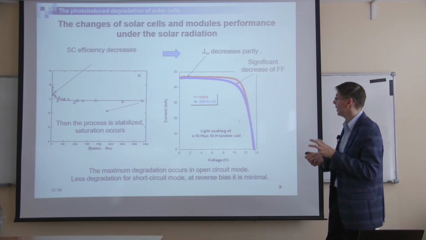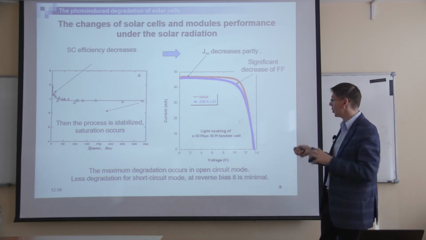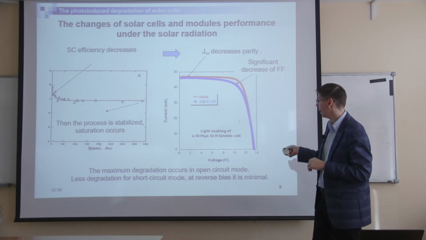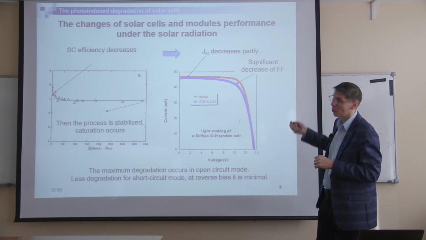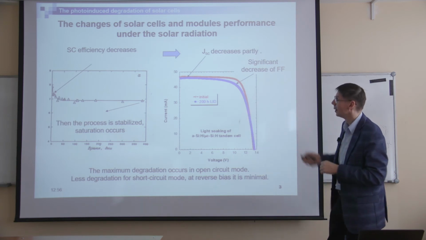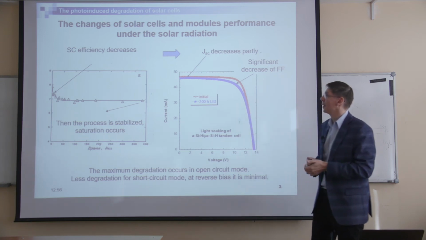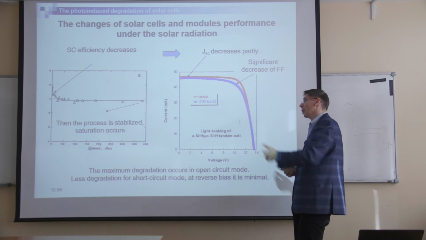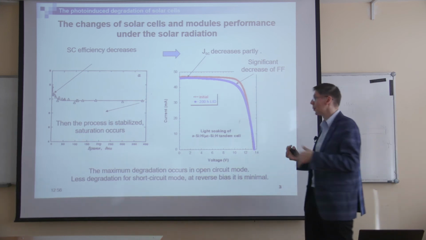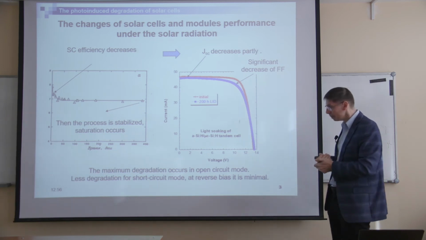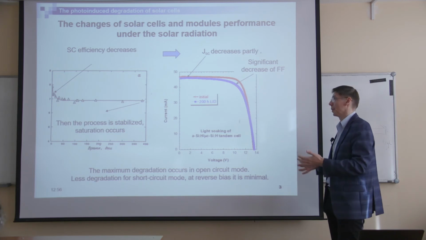So it means that the maximum degradation occurs when we are in an open circuit condition, or you see in the maximum power it's not so far. Lower degradation if you are in the short circuit current, and the minimum degradation if you apply some reverse bias. So actually it corresponds to a real dependence on a recombination process.